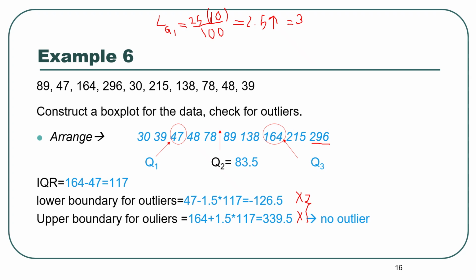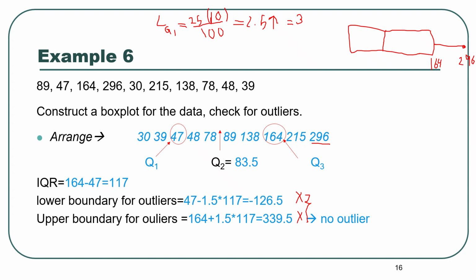So let me just put it like that before heading to the other slide. Okay, this is 164. And I'm going to extend that till the maximum value, which is 296, while the median would be somewhere here.